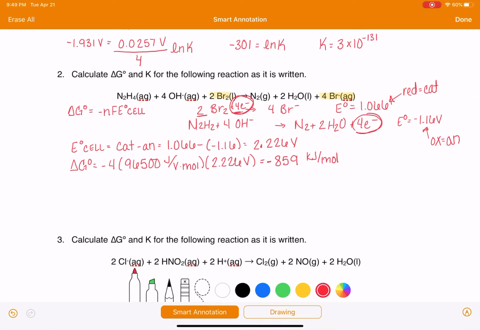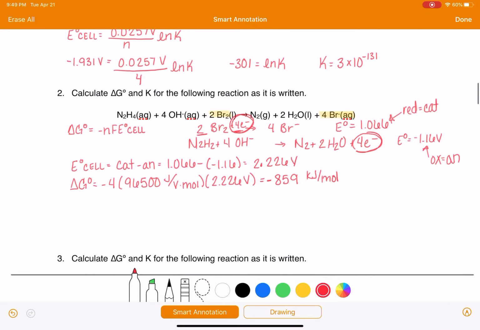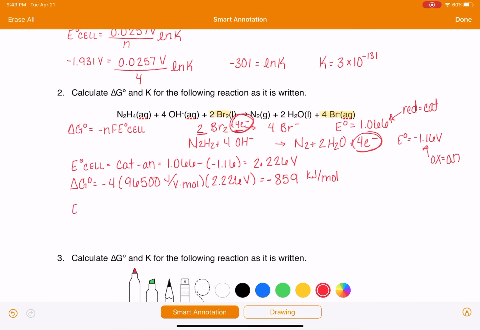And now we are ready to calculate K. To calculate K, we're going to use E cell equals 0.0257 volts over N times the natural log of K. E cell is, where is it?